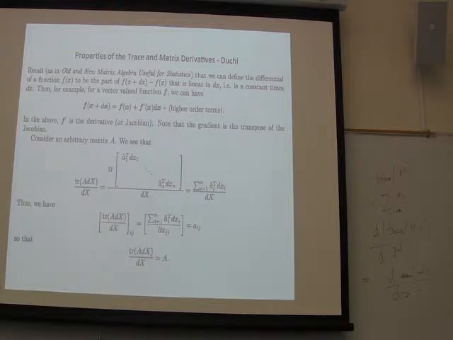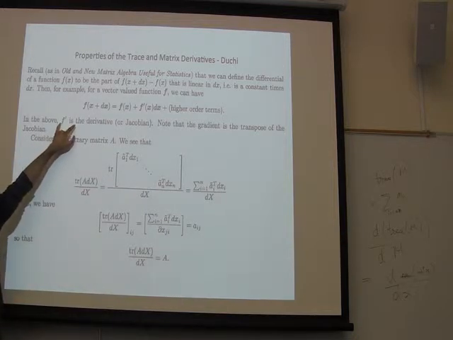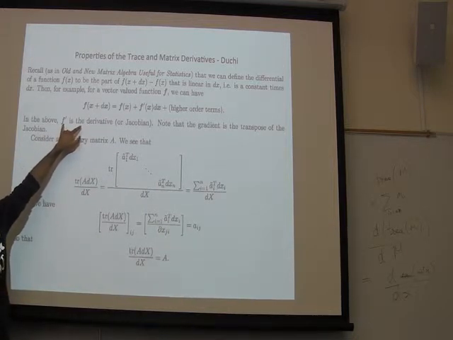And then he is taking the trace of that. And the reason for that is, what is special about the trace? So he talks about this as the Jacobian.